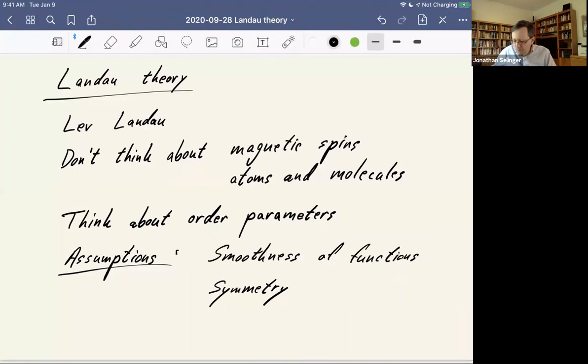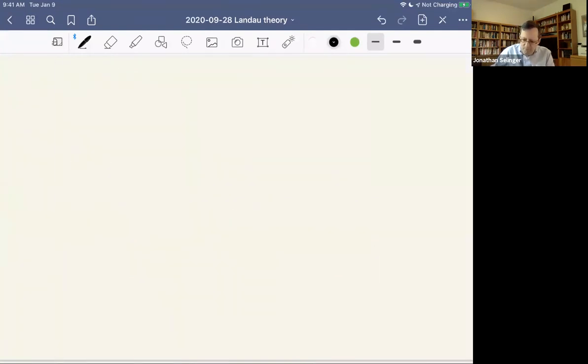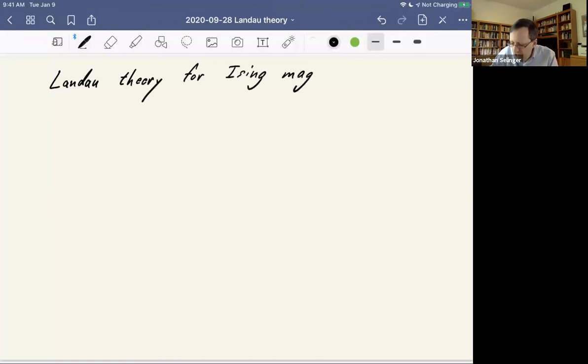So to show you how this works, let's go back to the Ising magnet. So if we want to do Landau theory for the Ising magnet, all that we know in the beginning is that there is some magnetic order parameter.